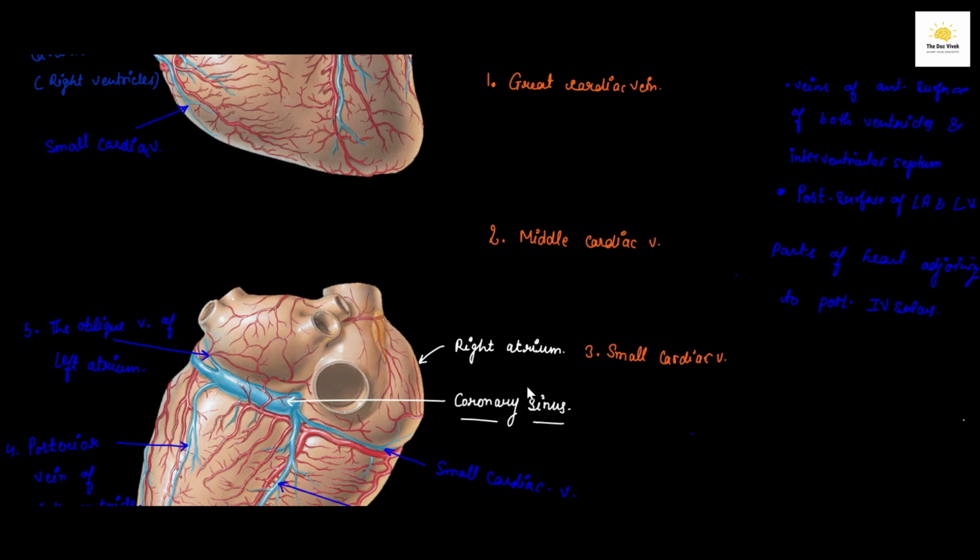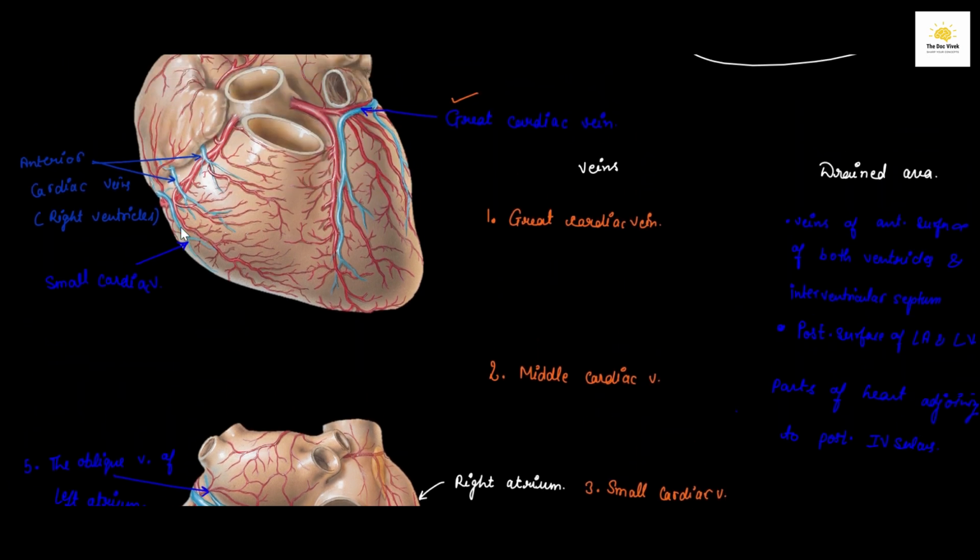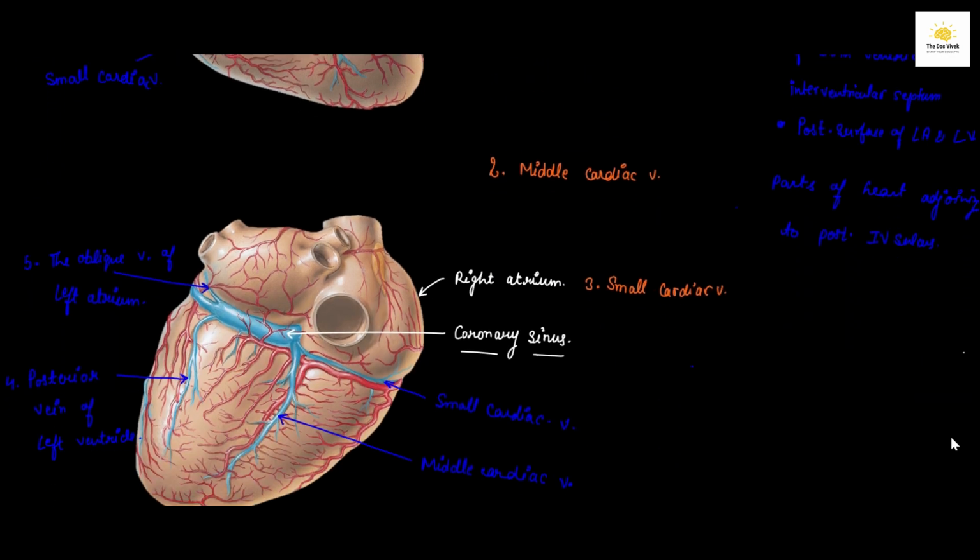The small cardiac vein drains blood from the right part of the heart, like from the right ventricle and some part of the right atrium also, including the posterior wall of the right atrium.